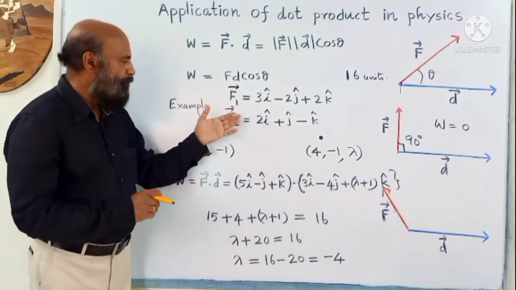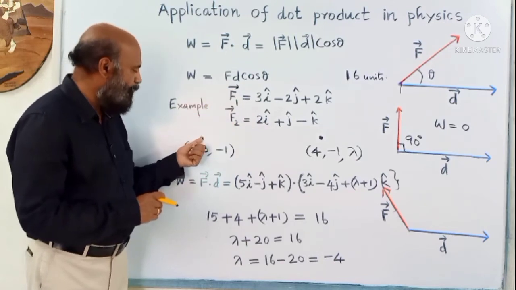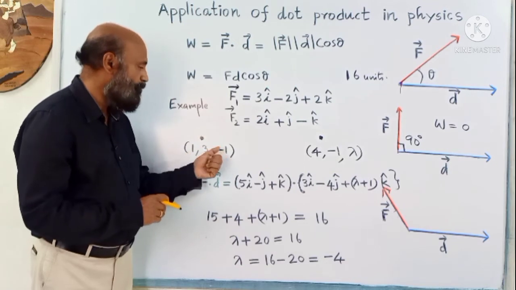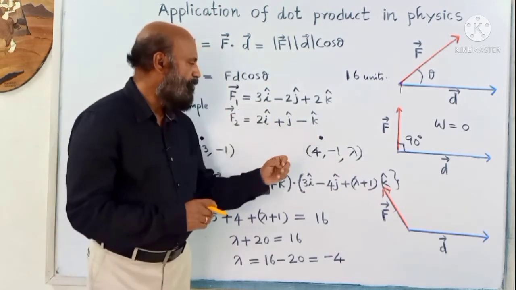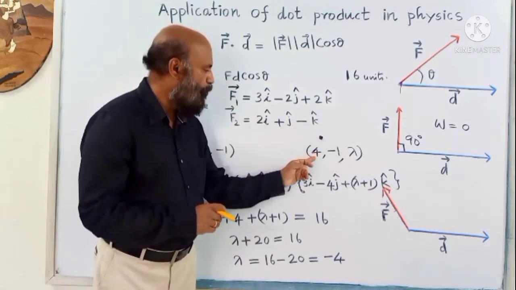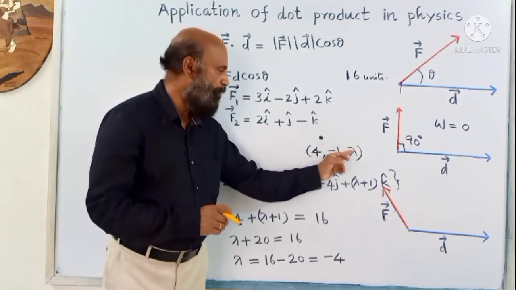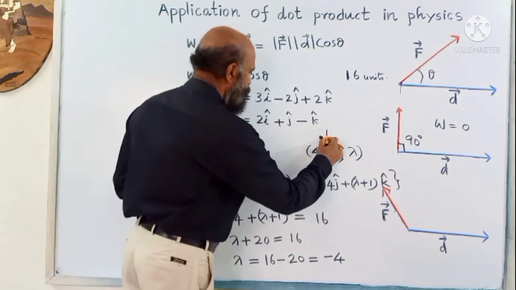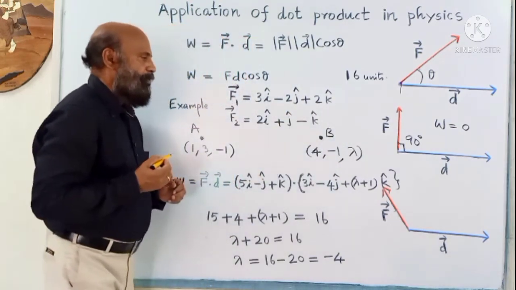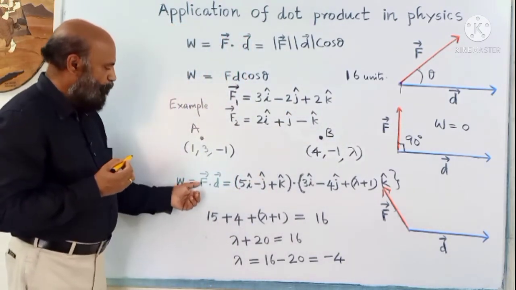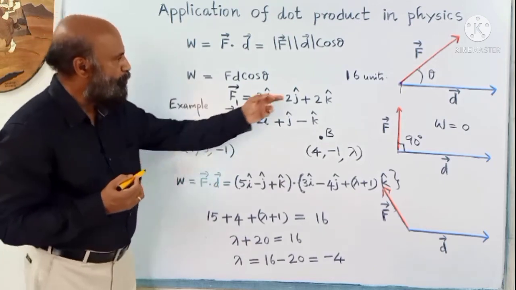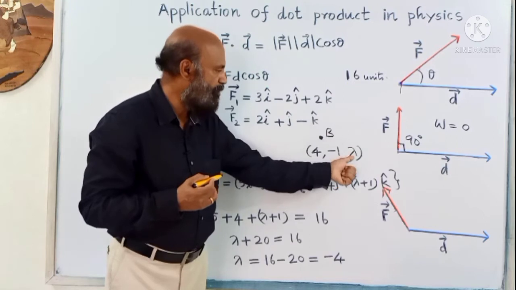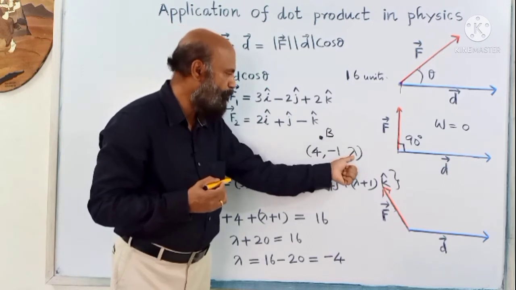Then because of the forces, the particle is displaced from the position 1, 3, minus 1 to the position 4, minus 1, lambda. Let this be A and this be B. Then work is the dot product of force and displacement. In this question, work done is given to be 16 units. You have to get the value of lambda.